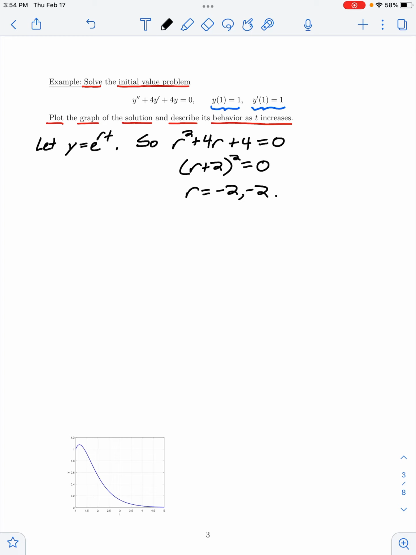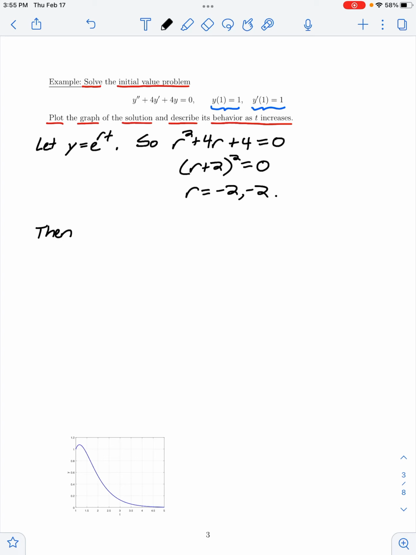And at this step, once I see that my roots are negative, I know that my solution is going to approach 0 as t becomes large. So right away I know my limiting behavior without even having to finish out the problem. But let's go ahead and find our solution and verify that we have a 0 limit.